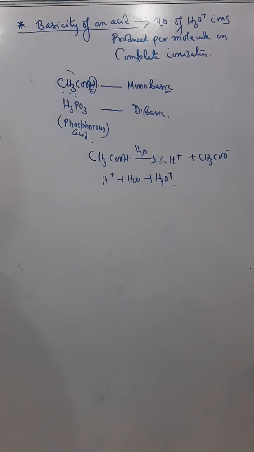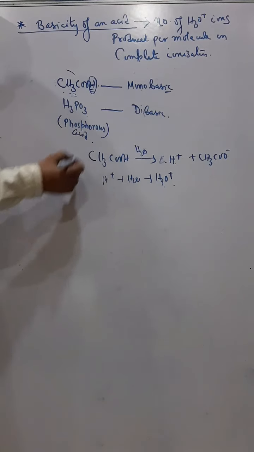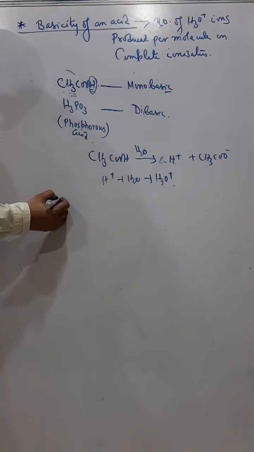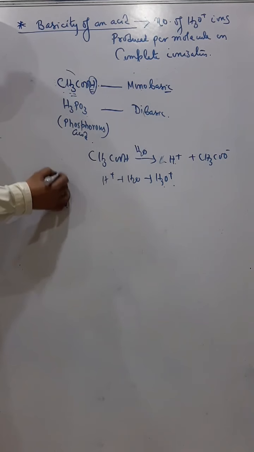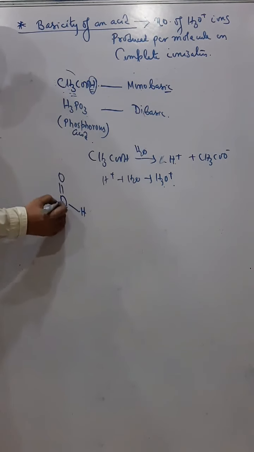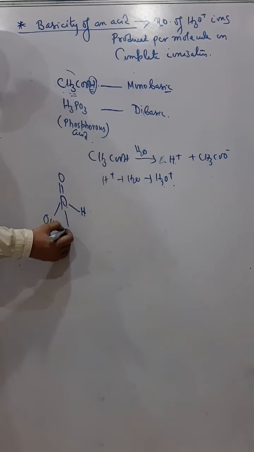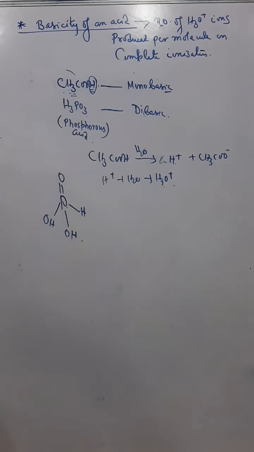Now similarly phosphorus acid is a dibasic acid. If you see the structure of phosphorus acid, it looks like this, so this is H3PO3, that's phosphorus acid.